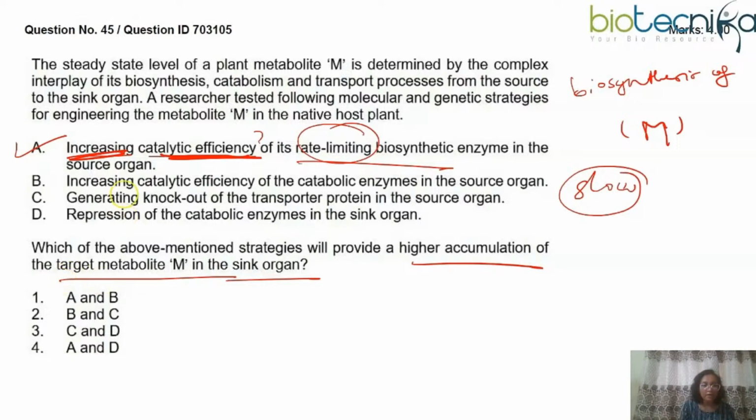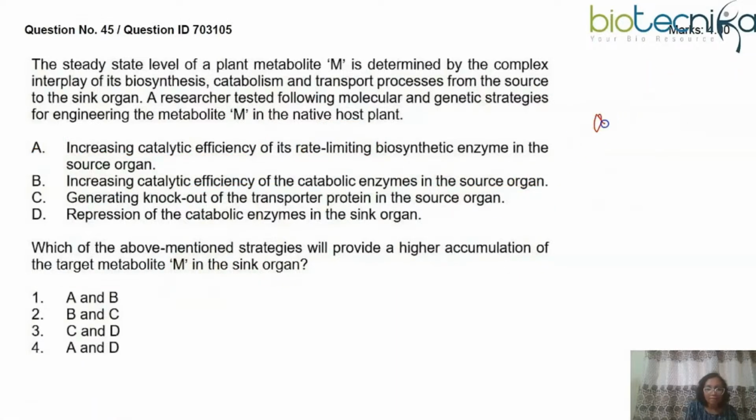Now second one, increasing the catalytic efficiency of catabolic enzymes of that metabolite in the source organ. Now this metabolite M in the source organ, if the catabolic enzymes are made more efficient, catabolism means what? M will be broken down.